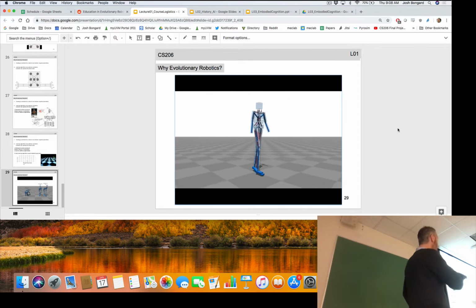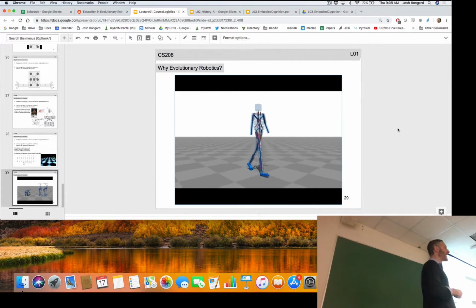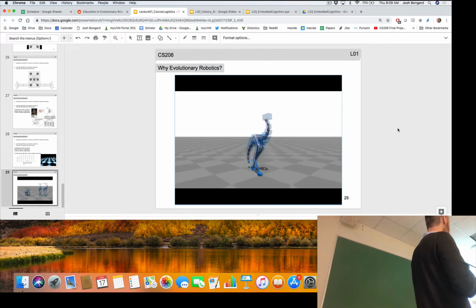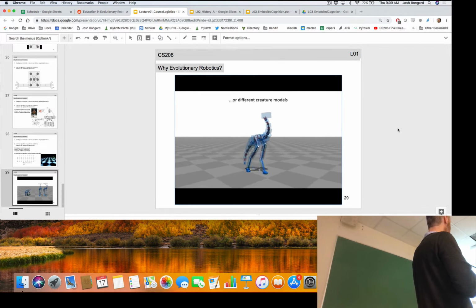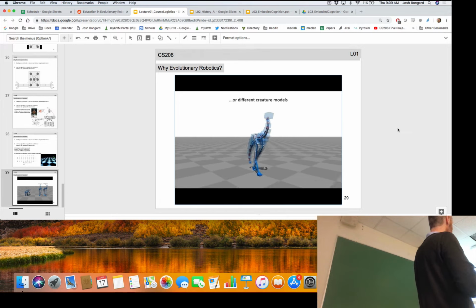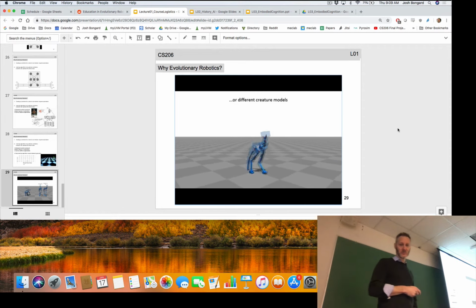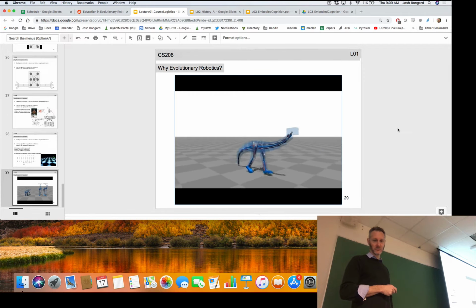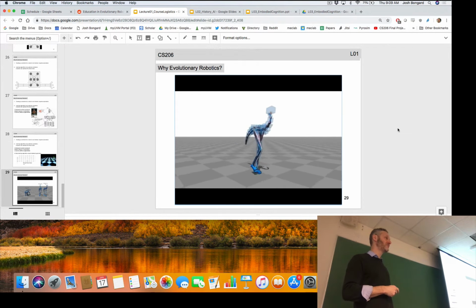The evolutionary algorithm that you used here is clearly adaptive because it can adapt solutions to different kinds of body plans. Very different body plans. You'll notice this one is using its tail.